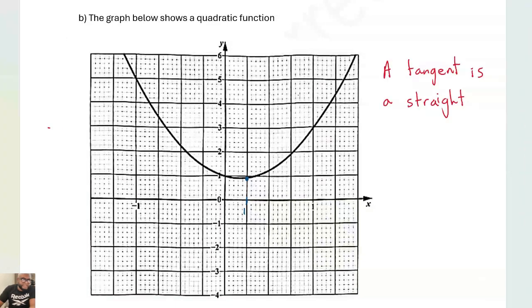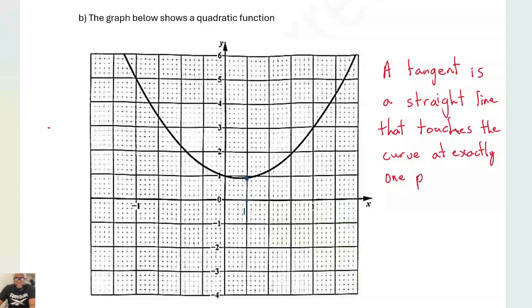A tangent is a straight line that touches the curve at exactly 1 point.